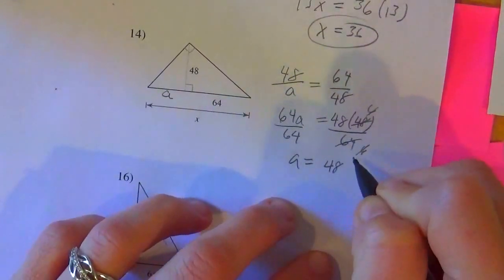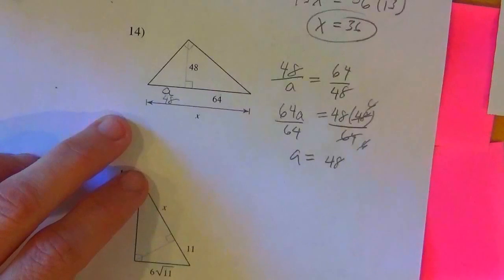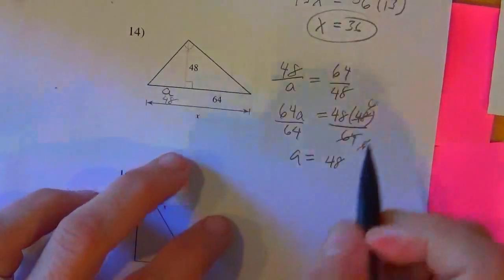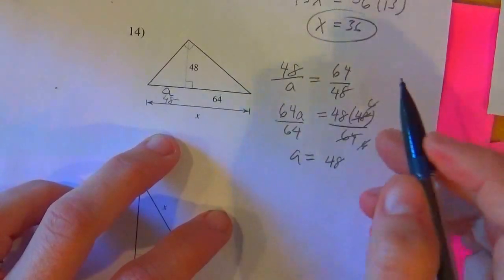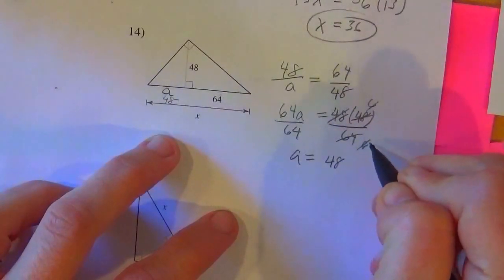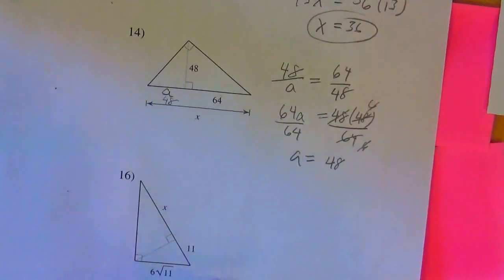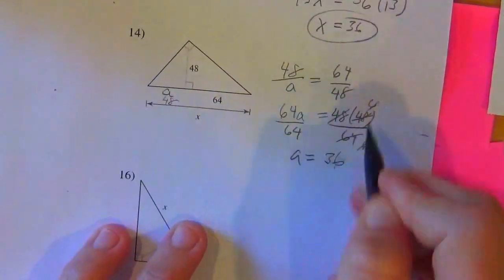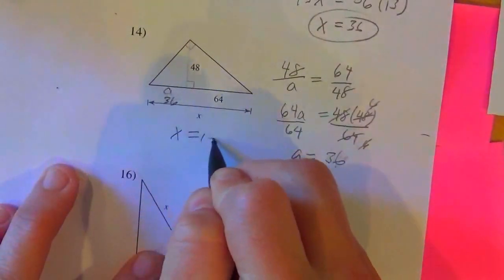So I get a is 48, and so if a is 48, then the whole thing must be 48 plus 64. Nope, I messed up somewhere. Oh, I'll just cheat. So it was 48 times 48 divided by 64, so a should be 36. Sorry about that. I was trying to get all fancy. So a should be 36, which means the whole thing x should be 100.